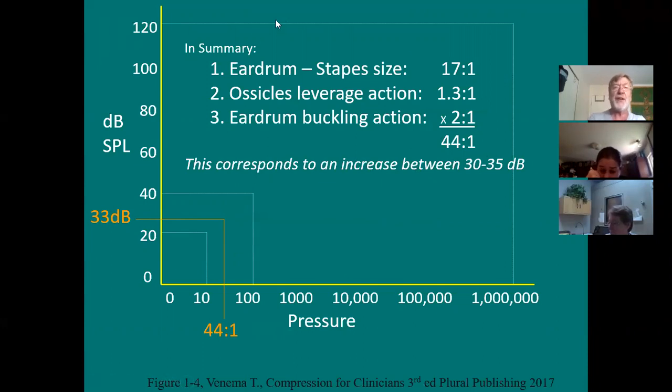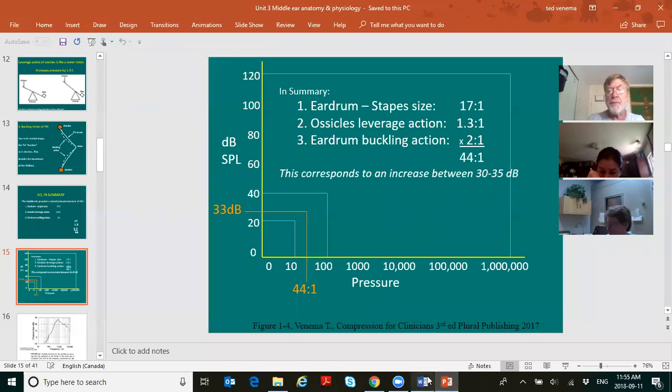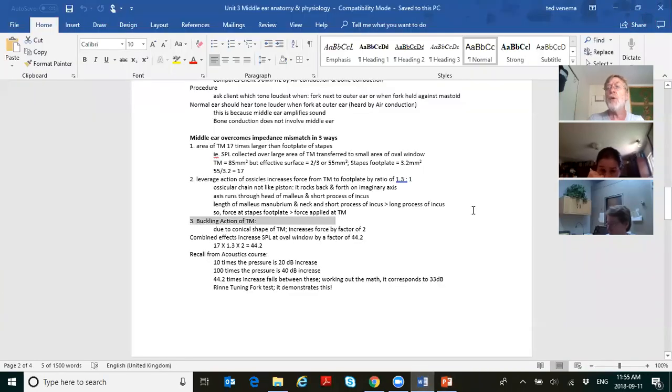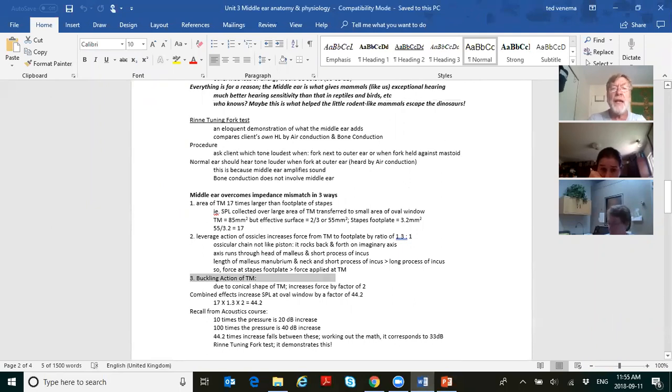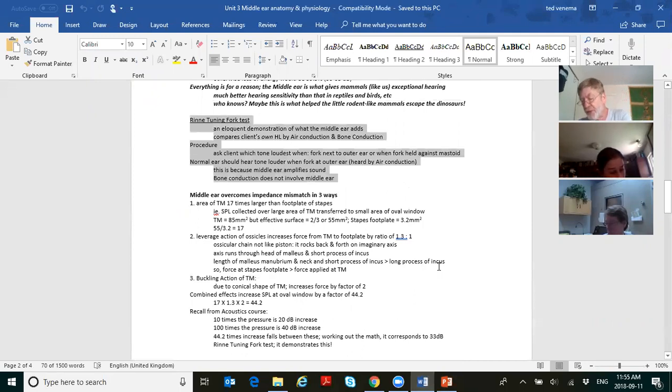So essentially, when you're thinking about this, what's the net effect of that? Well, the Rinne tuning fork test. If you took a tuning fork, and I keep saying I'm going to bring them home from work, and I never do.